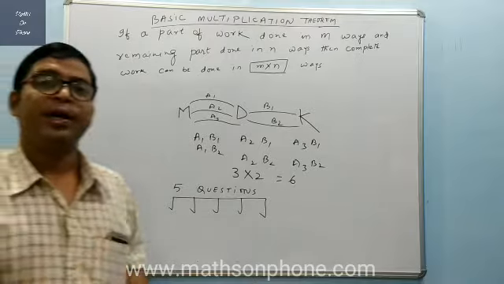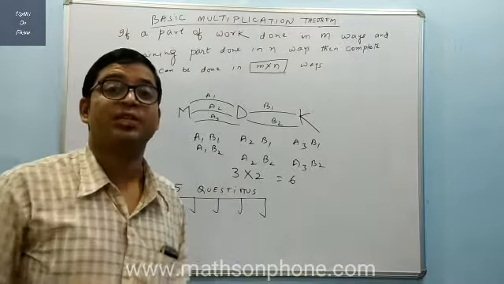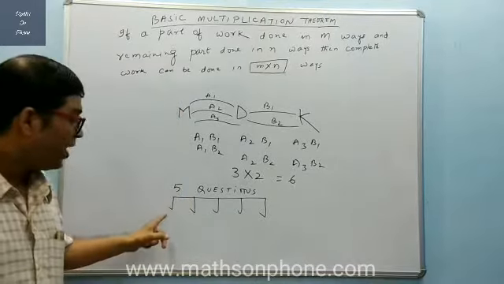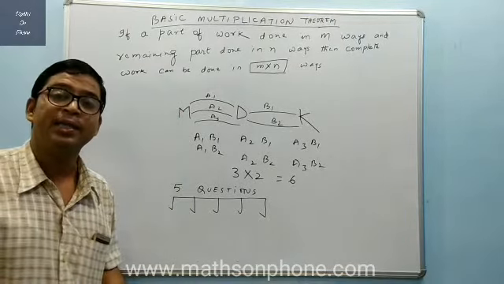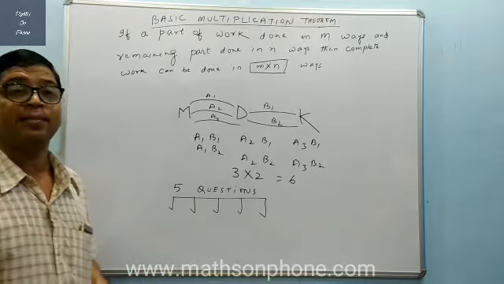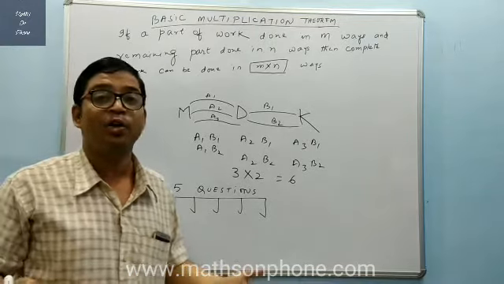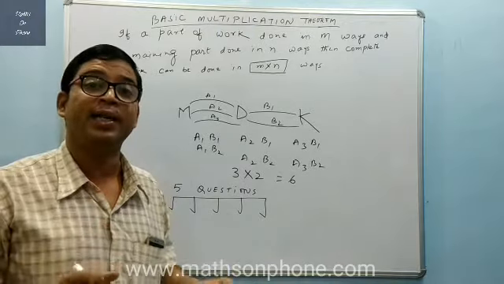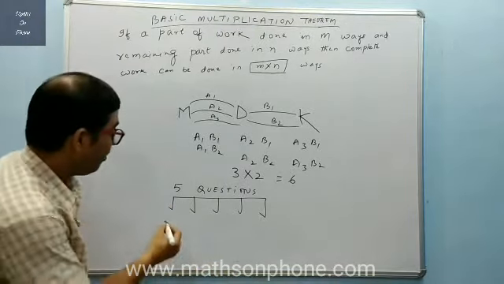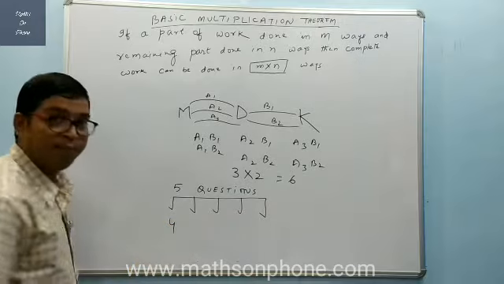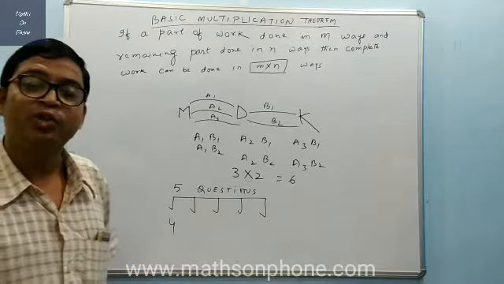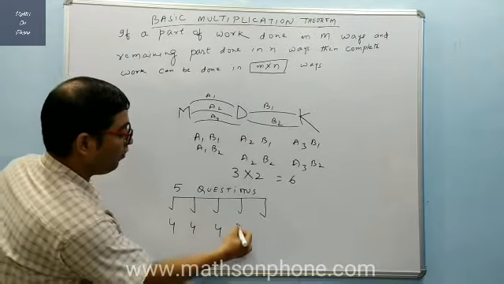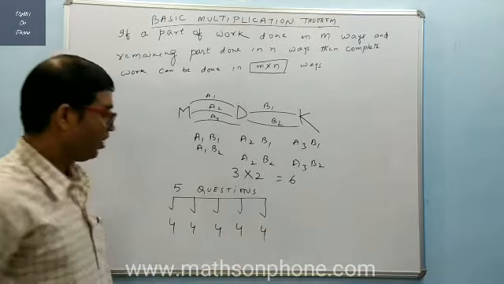Now see in how many ways each subpart can be done. So first question can be answered in 4 ways, because the person can select either option A, B, C or D. So 4 possibilities are there, 4 options are there for the first question to be solved. Same way second question can be solved in 4 ways, third in 4, fourth in 4 and fifth in 4.